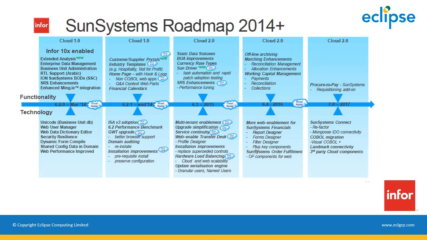Again, this is not set in stone, but this is where Infor would hopefully like to take Sun over the next couple of years. As you can see here, cloud is very much a big part of the roadmap, and the ultimate aim is to make this a fully multi-tenanted ERP platform, something that can be set up as a true software as a service model.